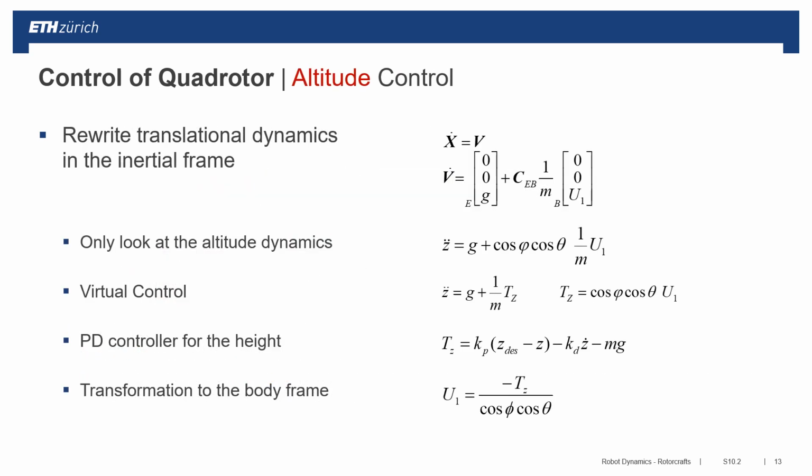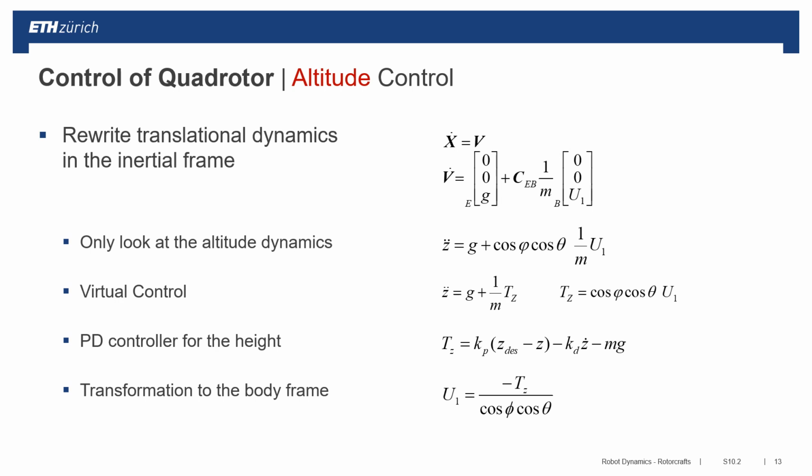In contrast to the attitude control, the altitude control, but also the XY control, are typically defined in the Earth coordinate system. But on the other side, the virtual controllers are defined in the body frame.